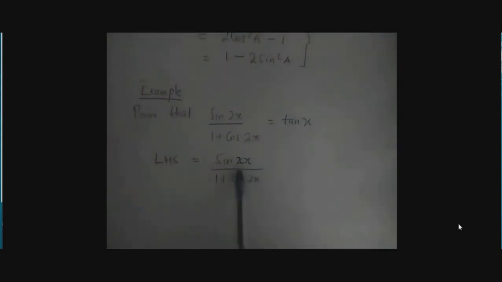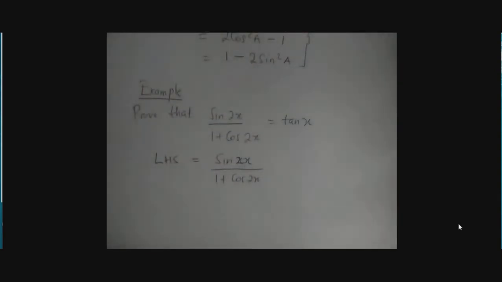Yes. So I'm locating double angles. The double angle is 2x. And then do I locate any compound angles? The answer is no. So if I don't have any compound angles, but I have double angles, then I'll have to use the double angle identities. So immediately I have to change this to its identity first.